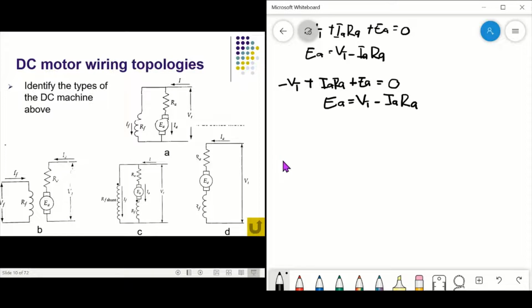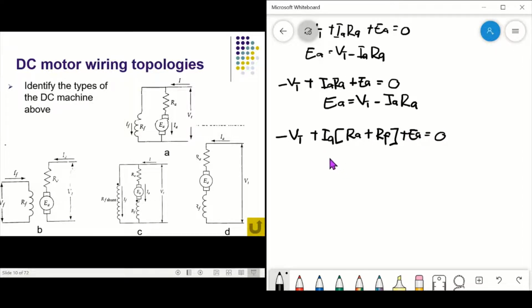Figure C: minus VT plus IA, but here we have RA and RF, so RA plus RF. RF here is not the shunt field resistance; this is a series field. Plus EA equal to 0.